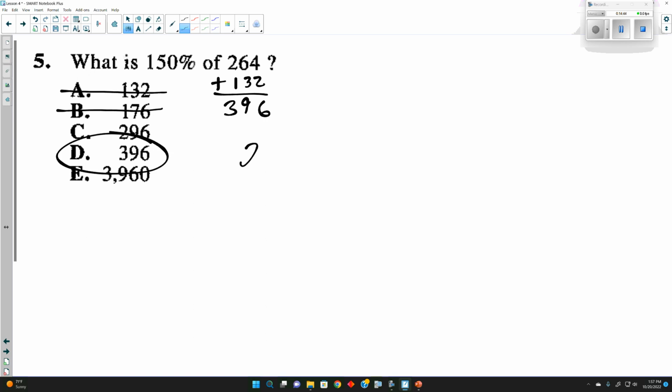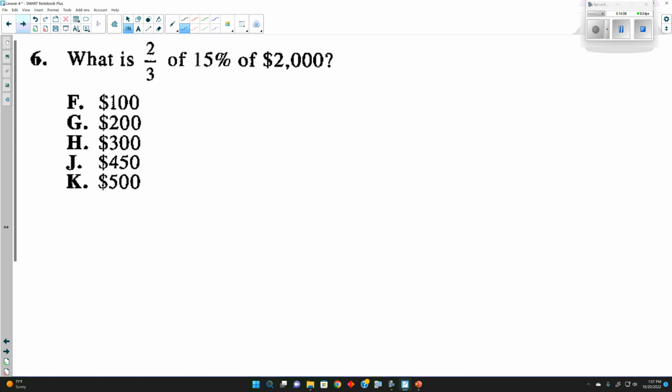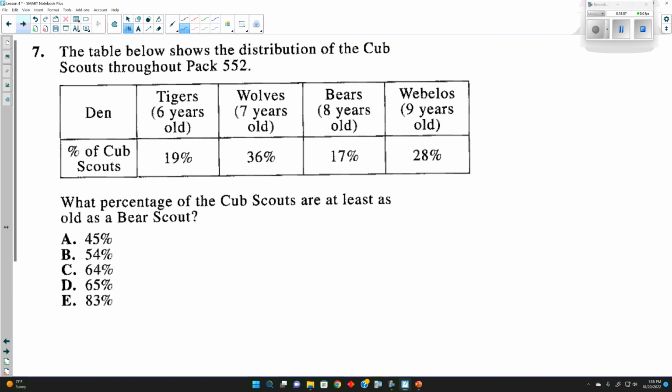Or we could have done 264 times 1.5. We're taking the whole and adding 50% to it. Questions on any of this here? I think y'all are starting to get comfortable with these here.